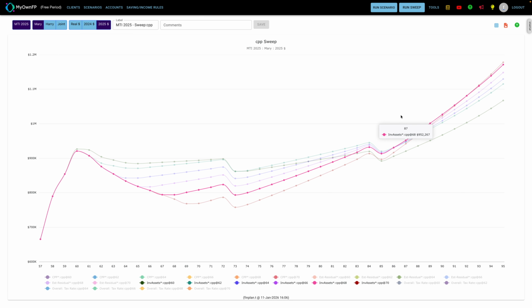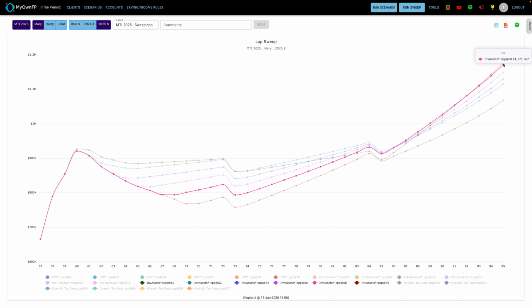And 68 retains the lead for a bit of time, and then at age 92, taking CPP at 70 definitely wins out, and at 95, the difference in our investable assets is $7,000, so not significant.